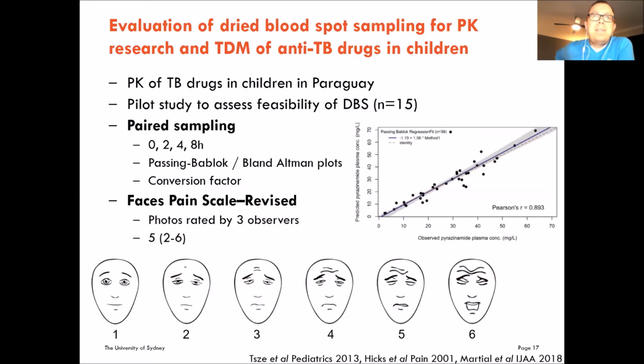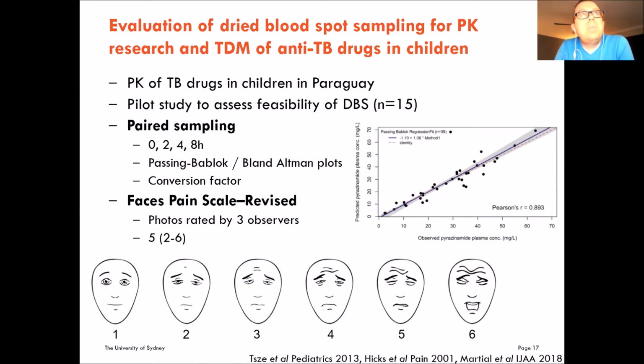Now, we also looked at children because it was considered that pediatric sampling with dry blood spots could be of interest. In this case, we looked at children in Paraguay, and on the right side, you can see the Passing-Bablok regression fit versus the plasma concentration for, in this case, pyrazinamide, and that looked quite nice.